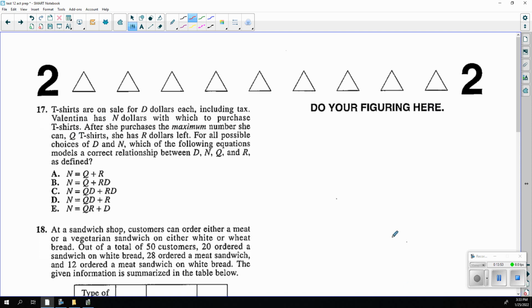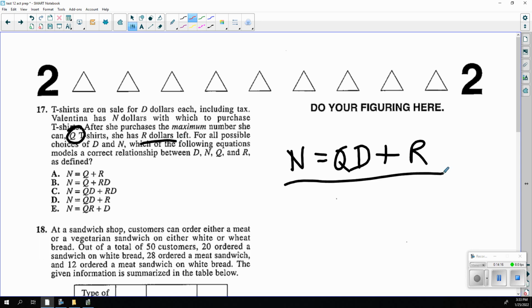So N, how much she has to purchase, is the value of the shirts. They're D each, and she bought Q of them, so it's QD, and she had some change left, R. So if you take Q times D plus R, you get the whole sum. Easier said than done.